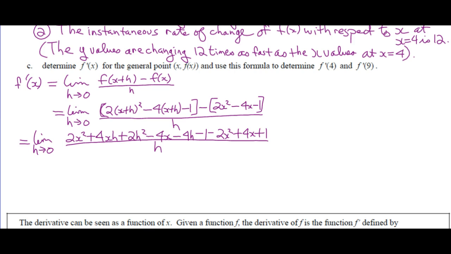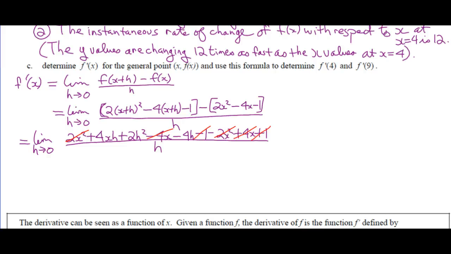Okay, and then just as above where there were numbers like 32 and a minus 32, we have a 2x squared and a minus 2x squared. We got a minus 4x and a plus 4x. We got a minus 1 and a plus 1.